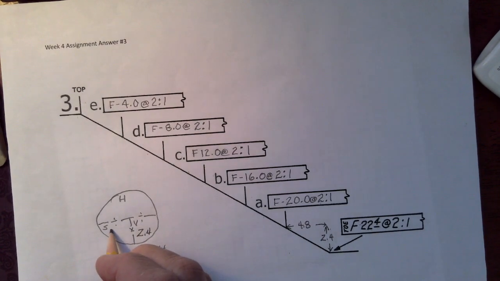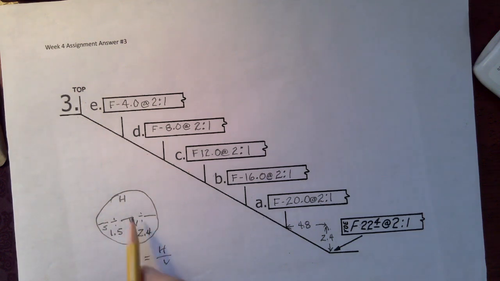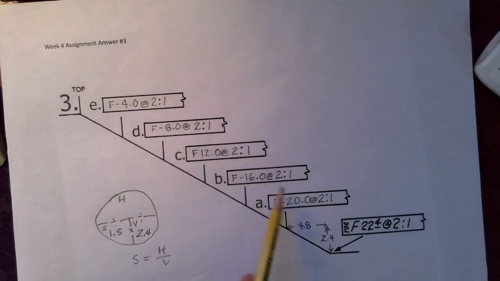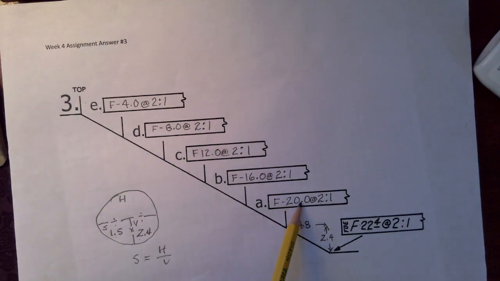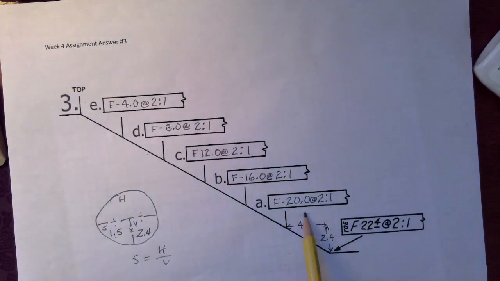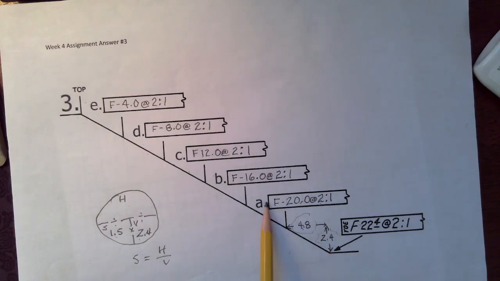We put our slope ratio here, and to get the horizontal, it tells us to multiply the slope by 2.4. And as you can see over here, your horizontal is going to be 4.8. So this is what will go in A.